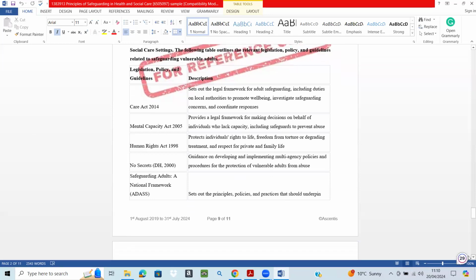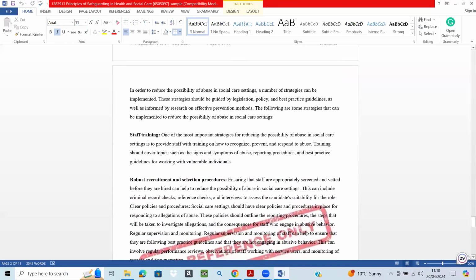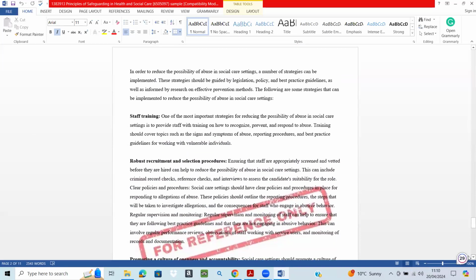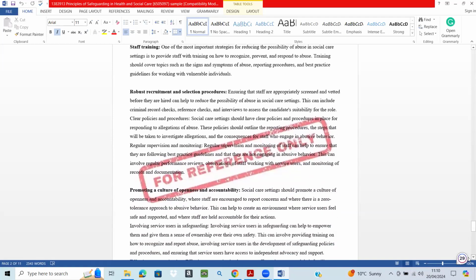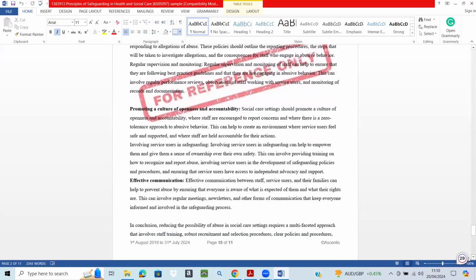Then, in order to reduce the possibility of abuse in a social care setting, we discussed staff training, robust recruitment and selection procedures. We have discussed everything in our past lectures as well, and promoting a culture of openness and accountability. We discussed these principles today as well.